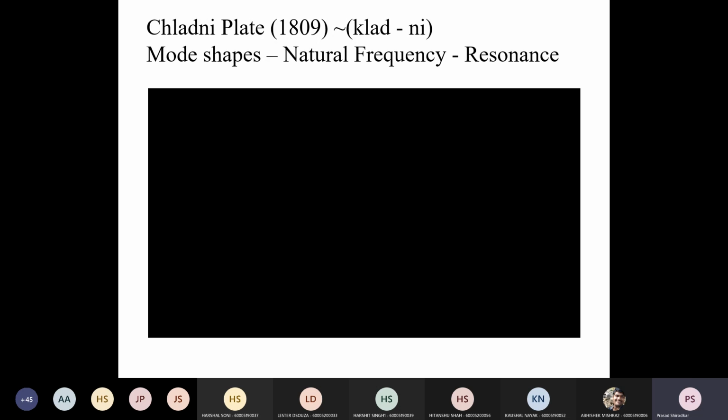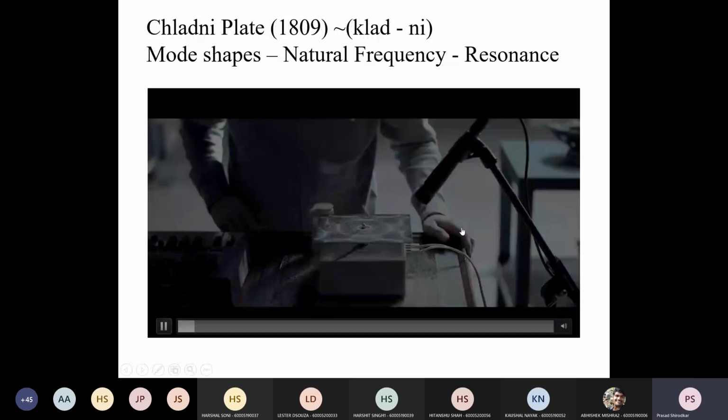There is an interesting experiment done by people who are developing musical instruments. I found this video. This is called Chladni's plate, and this experiment will demonstrate what we mean by mode shapes.